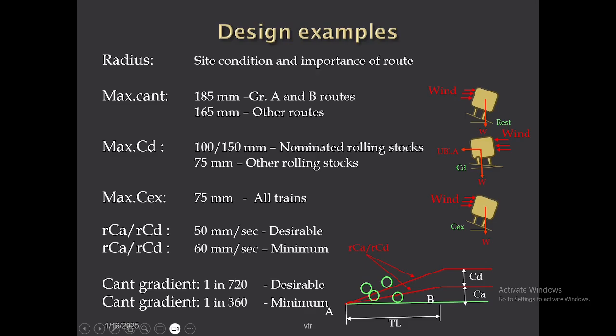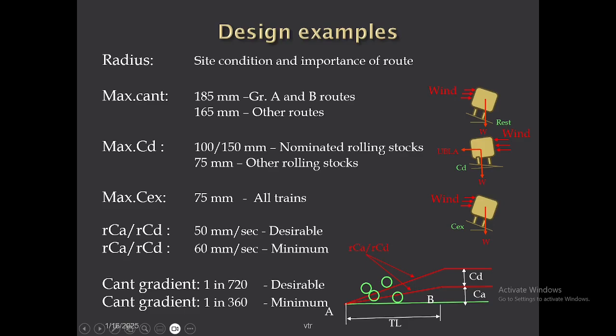The rate of change of cant efficiency is with respect to the speed of the train permitted on the curve. And the second one, the cant gradient, is with respect to the length of transition, the distance traveled.